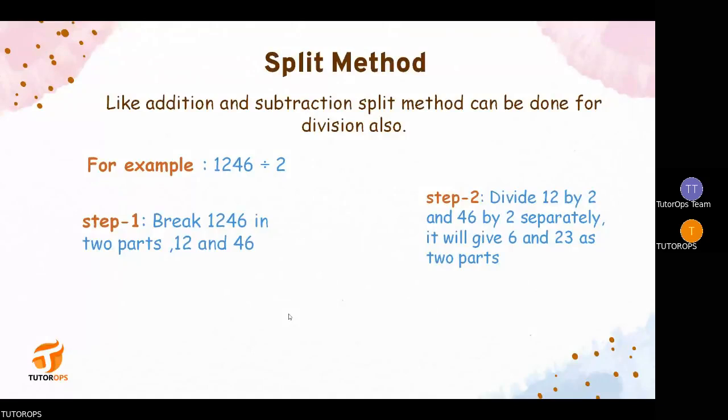Because here I am not actually splitting the numbers. What I am doing is just breaking the number with my imagination. Breaking the number into simpler parts is nothing but a method to make the calculation simple.